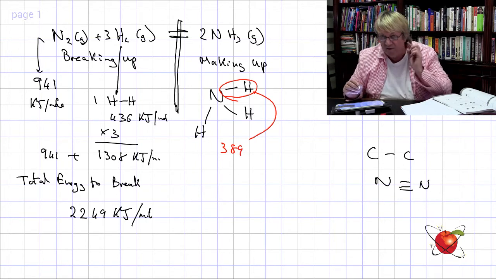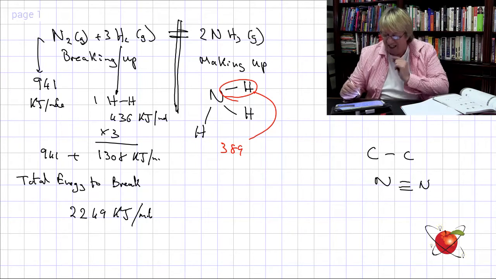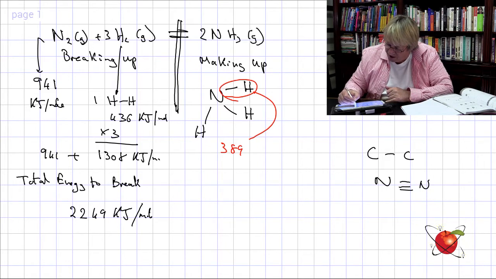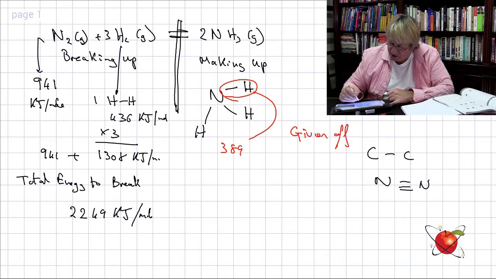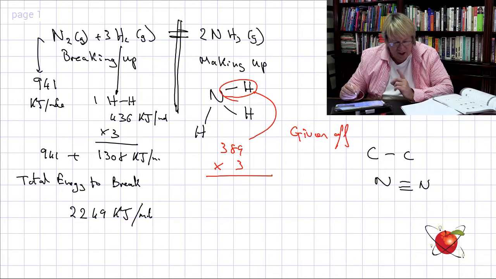Remember, this is the energy given off during the process. So what have we got here? We've got 389, but now we must multiply it because there's 3 of them. And 389 times 3 is 1167, right?